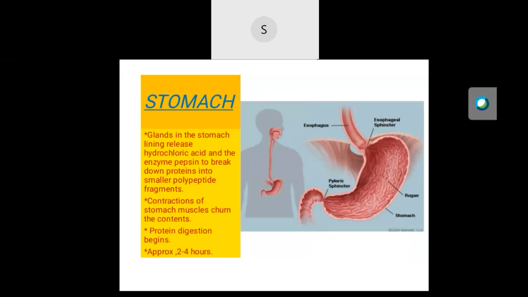And the stomach. Glands in the stomach lining release hydrochloric acid and the enzyme pepsin to break down protein into smaller polypeptide fragments. Contractions of stomach muscle mix the contents. Protein digestion begins, approximately 2 to 4 hours.